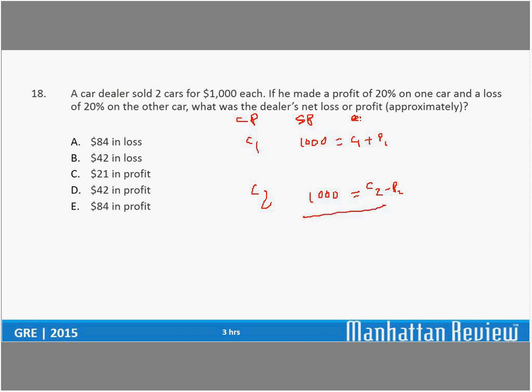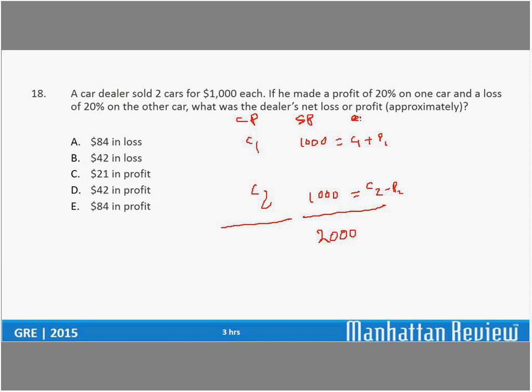So what we understood is the total selling price of both the cars is 2000. The total cost price is C1 plus C2, some value. Now what is the difference, whether it is profit or loss? The profit made is 20%.